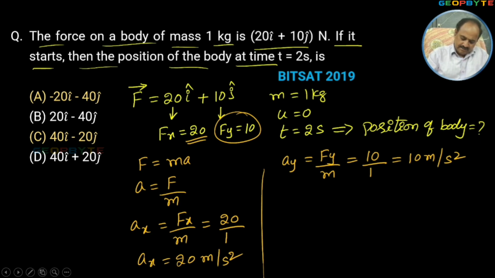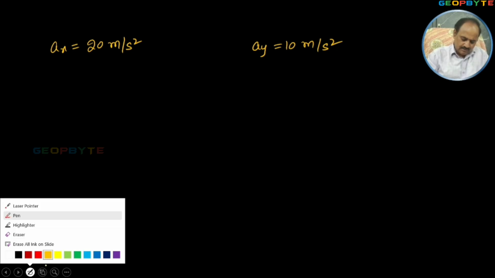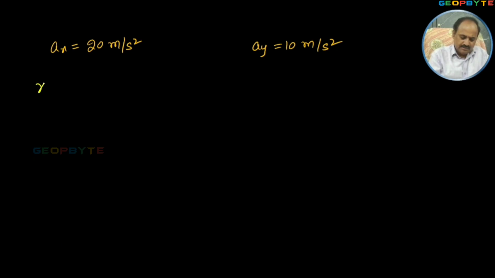Okay, let us take another slide. Acceleration in x direction equal to 20 meter per second square and acceleration in y direction equal to 10 meter per second square. Then the horizontal displacement x equal to uxt plus half into ax into t square, from s equal to ut plus half at square, one of the equations of motion.